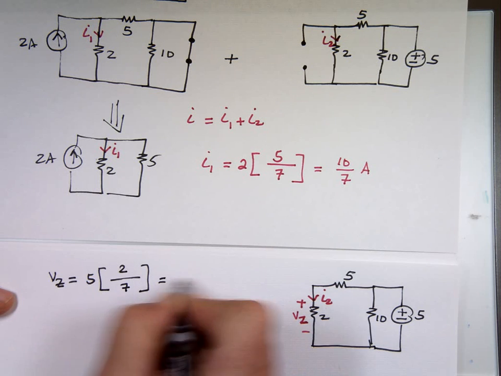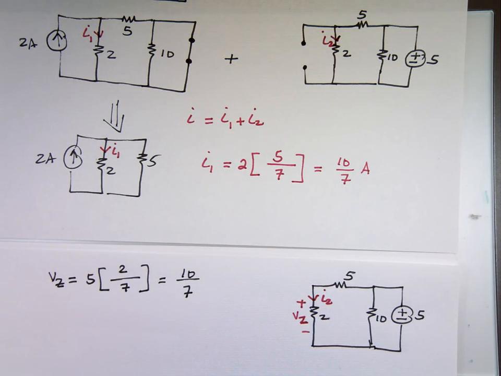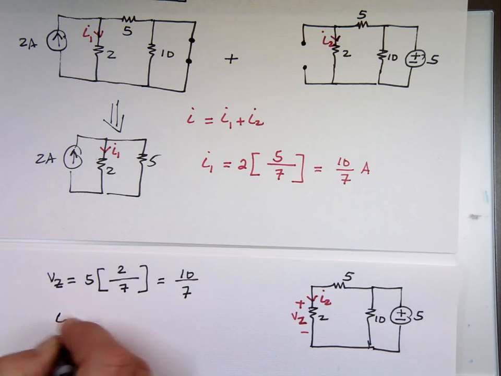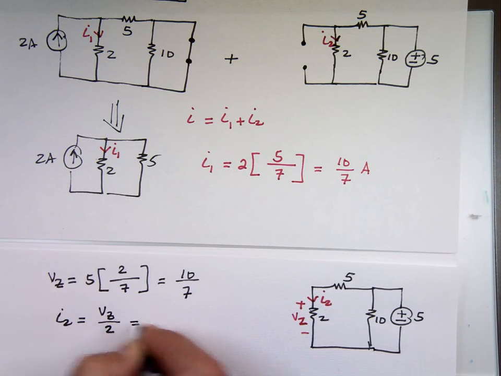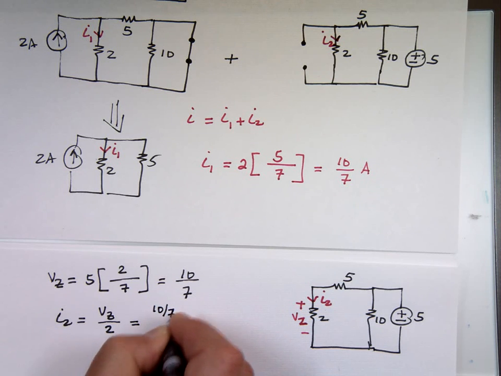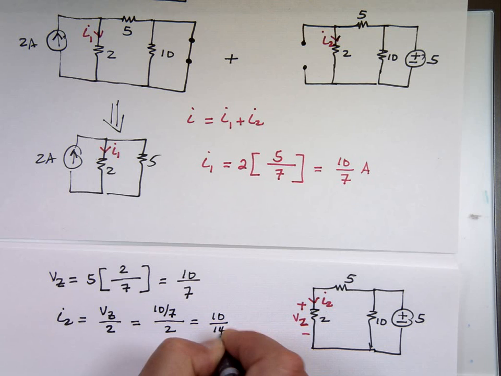And that's 10 over 7. That's the voltage. So what's I sub 2? Ohm's law says the current through a resistor is the voltage divided by the resistor. My voltage is 10 over 7, divided by 2, which is 10 over 14 amps.